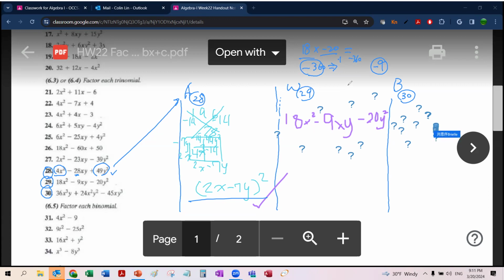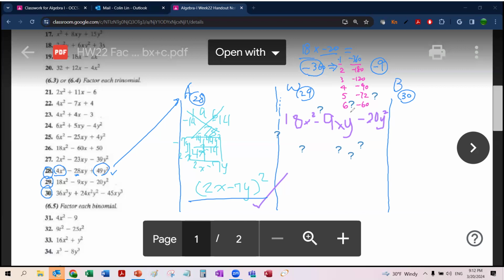Bree, we can just focus on 29 first here. Just see the screen. Let me change the color. So 1, negative 360, right? 2, negative 180. 3, negative 120, right? 4, negative 90. 5 would be negative 72, right? 6 times negative 60, right? Yeah.